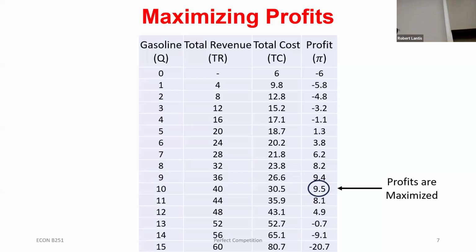So let's say, quantity of the firm, right? So we said their marginal revenues are just going to be whatever that equilibrium price is.